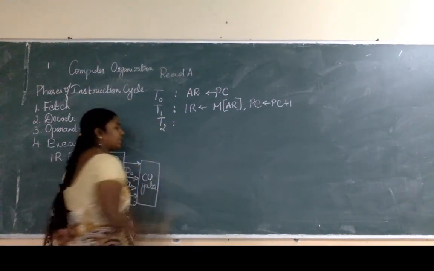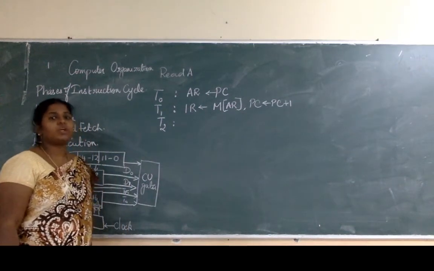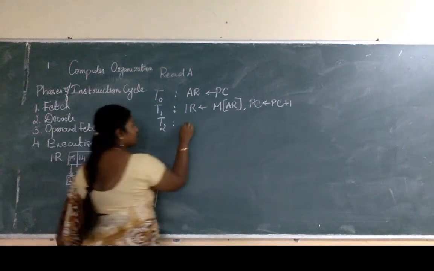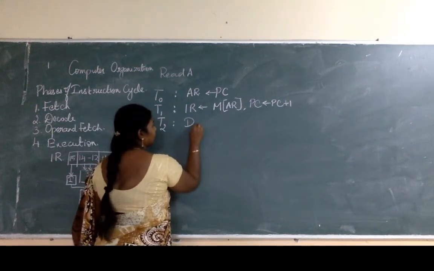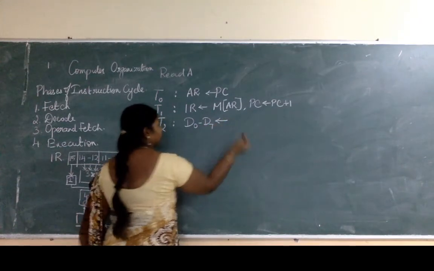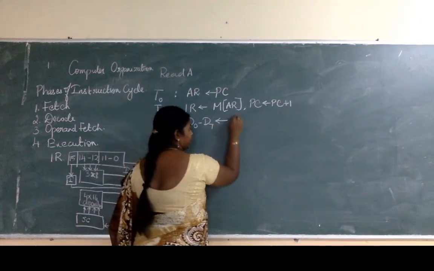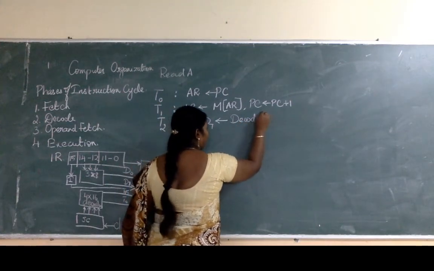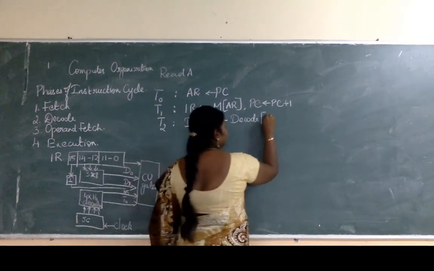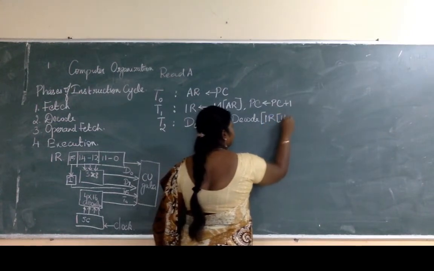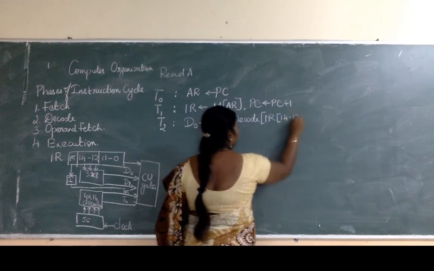And at time cycle T2, we are going to decode the instruction. How did we mention decoding of the instruction? We are generating signals D0 to D7 from the instruction register. So we need to perform a decode operation of the instruction register, and the bits to be decoded are bits 14 to 12.